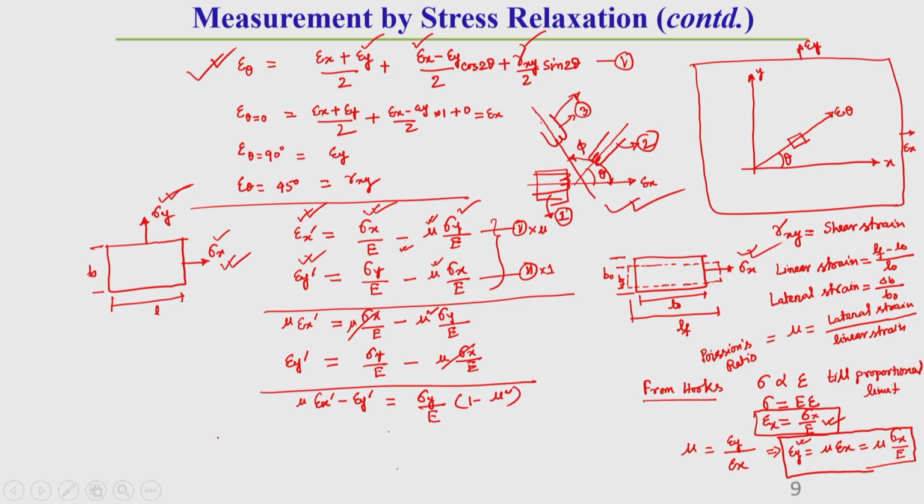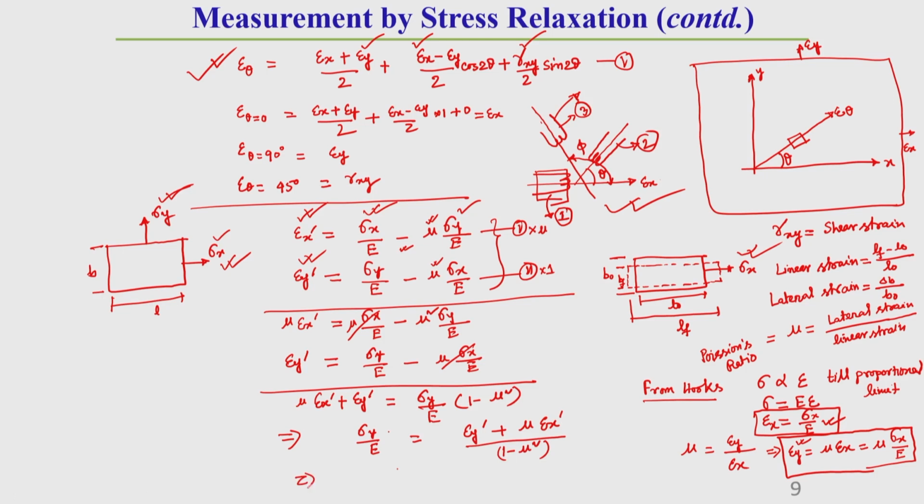So, here you can get sigma y by E is equal to epsilon y dashed plus mu into epsilon x dashed, divided by 1 minus mu square.